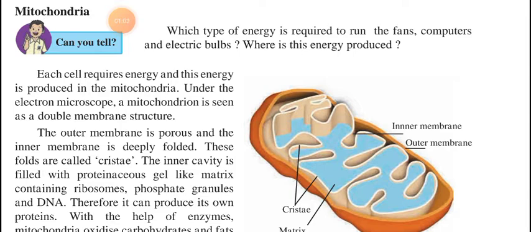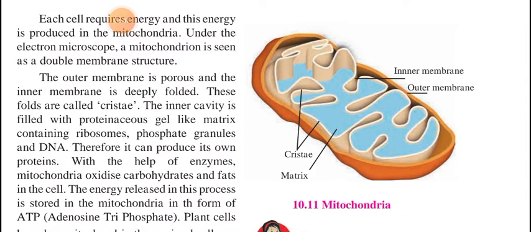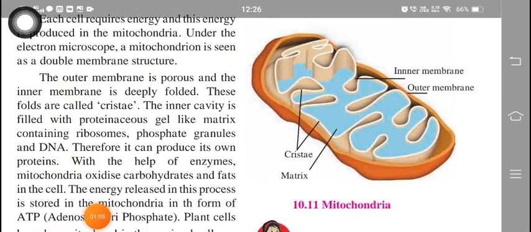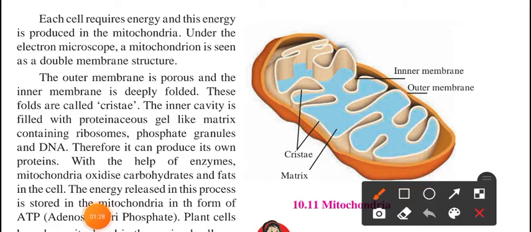Similarly, we can say that each cell requires energy, and this energy is produced in the mitochondria. We have seen cells in the previous lecture. So each and every cell requires energy, and this energy is produced in the mitochondria. You can observe the mitochondria figure here.